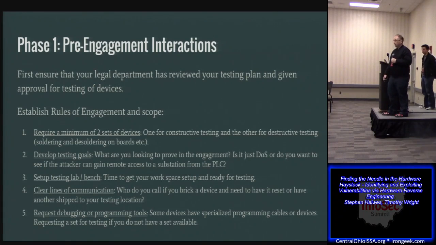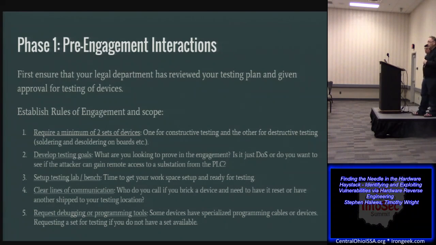The destructive testing is where we're actually going to pull the device apart. We're going to reverse engineer, take components apart, desolder, that sort of thing. And doing that process, you could damage or destroy the components. That's why we're asking for a set, in case we do let the magic smoke out. We have another device so we can still do some type of testing.